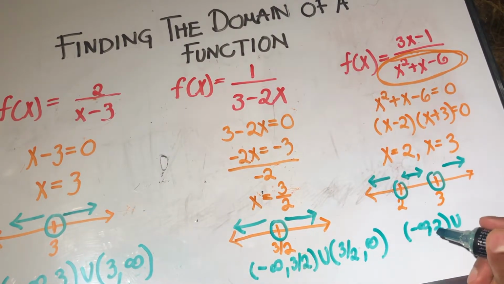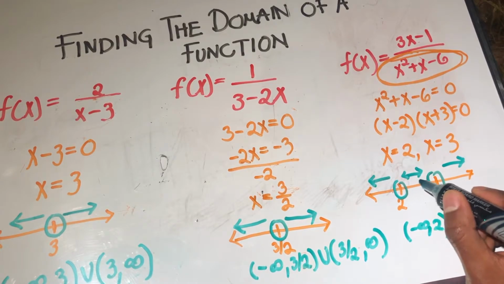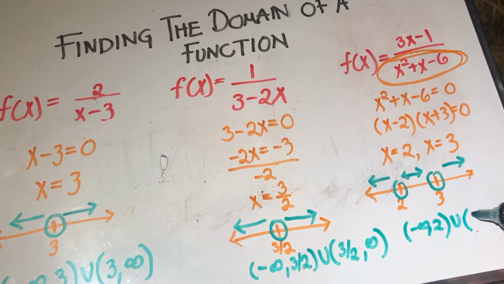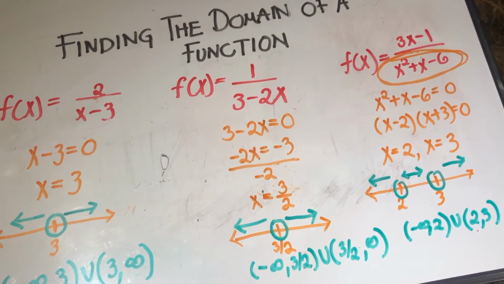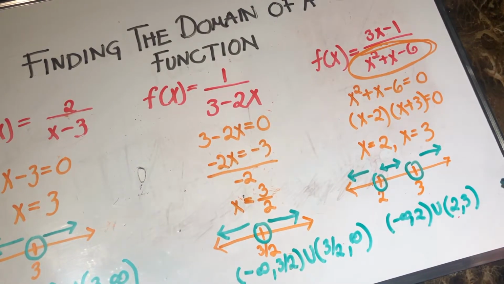We have negative infinity to 2 union all real numbers between 2 and 3, so 2 to 3, and then union again 3 to infinity.